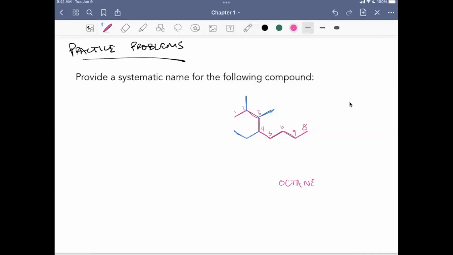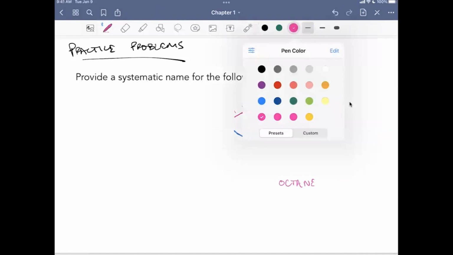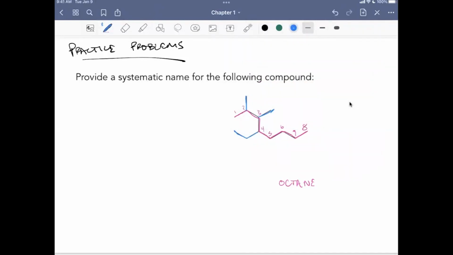And now we can go about deciding how to name the rest of this compound. So we have a methyl group right here, another methyl right here, and we have an ethyl right here. So we named our substituents. Now we have to add this into our full nomenclature name. So where do these methyls show up? The 2-methyl and the 3-methyl, and we have a 4-ethyl. Okay.